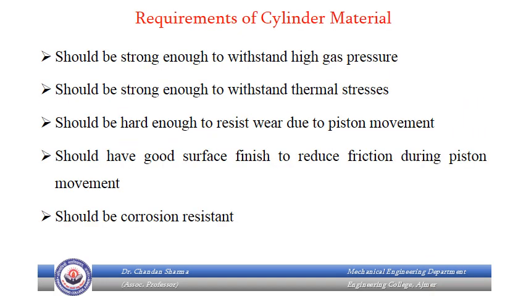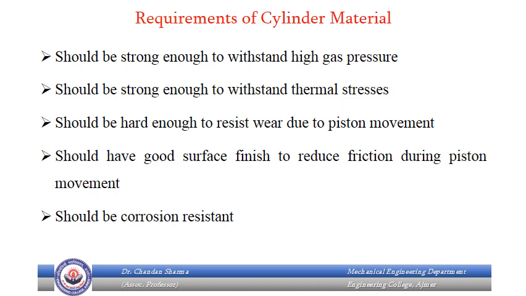Let us come on to the cylinder materials. What are the requirements of a cylinder material? As we all know that in a 4-stroke diesel engine, pressure can be as high as 35 bar. That means a cylinder material should be strong enough to withstand high gas pressure. Further, the temperature can be as high as 2000 degrees centigrade.